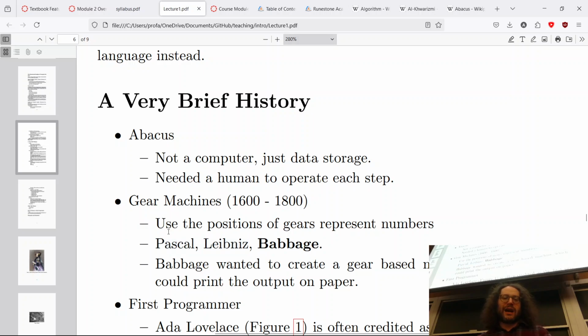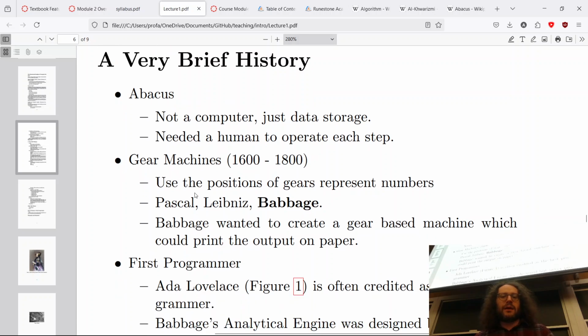They all came up with the idea, or some variation of the idea, that we want to use the position of gears to represent numbers. And other people, I'm sure, have come up with these ideas throughout history. They just may not have been as famous about it. But each of them came up with some slight variation of the idea.